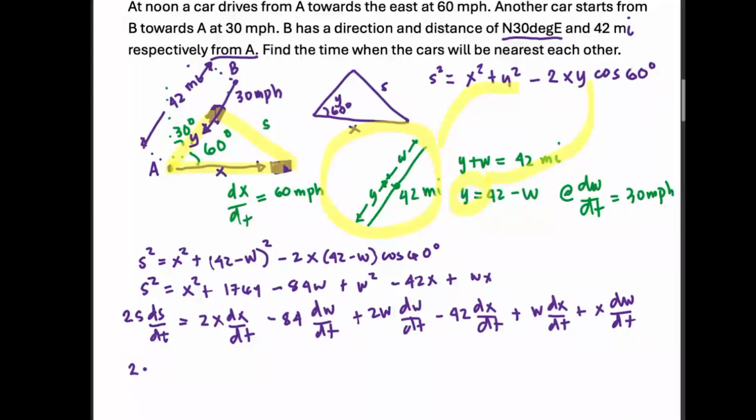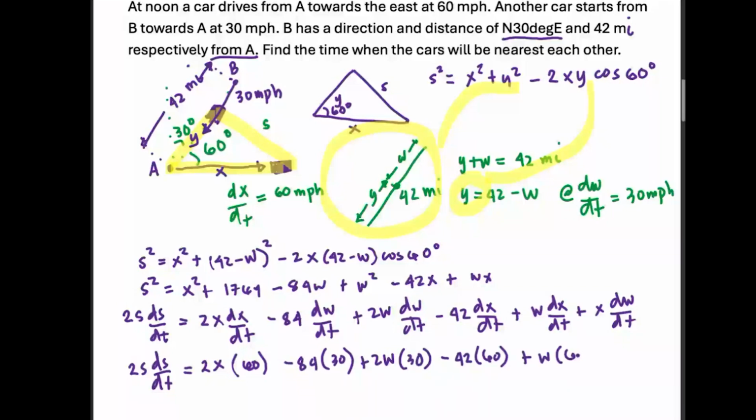So 2s, so I just copy 2x, so wala pa tayong value ng x. However, dx over dt is 60, minus 84 times 30, plus 2w, 30, minus 42 times 60, plus w times 60, plus x times 30.